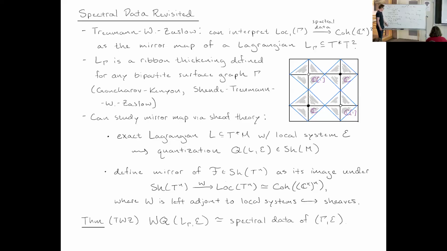And the claim is that that is the kind of geometric description that this left adjoint W admits. So this is really just R. If your manifold is S1, locally they look the same. Then there would be real wrapping.